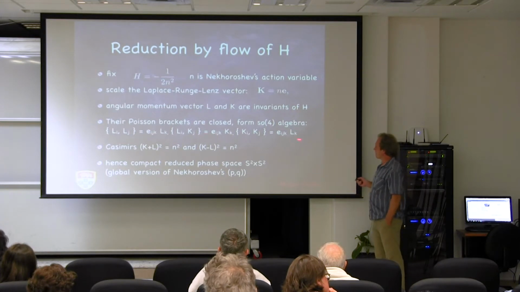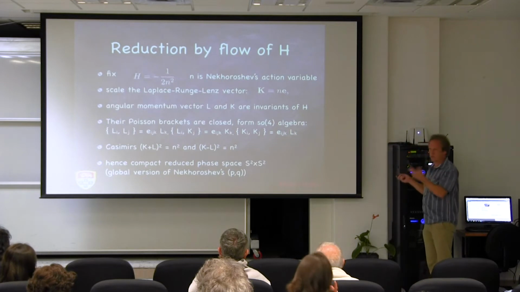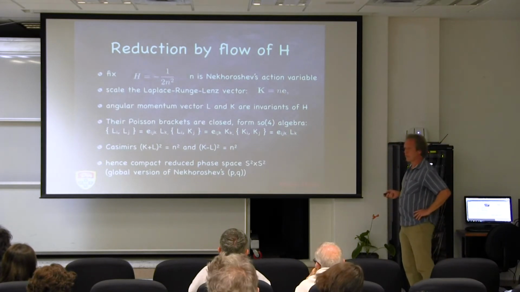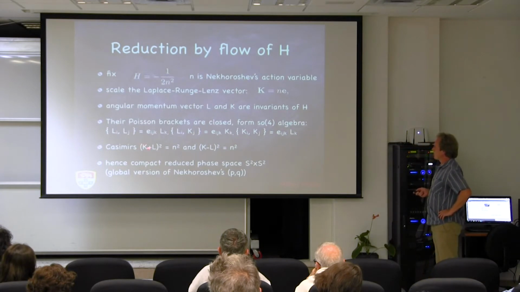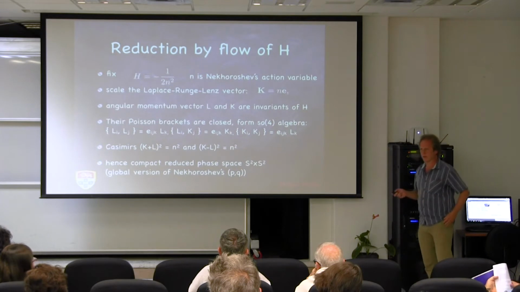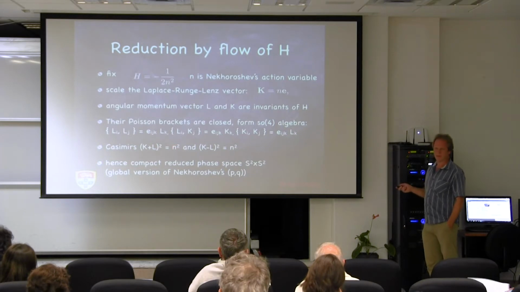This is a Lie-Poisson structure, of course. It has two Casimirs, and I want to write them like this. There are choices of how you write the Casimirs, but I like that the length of k plus L squared is constant. In fact, that's n squared.